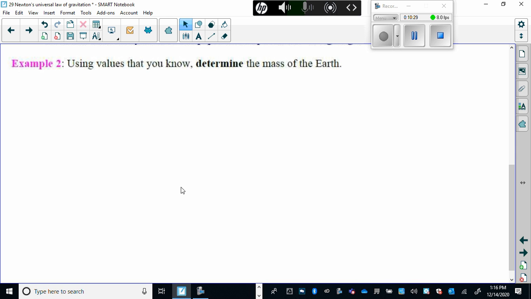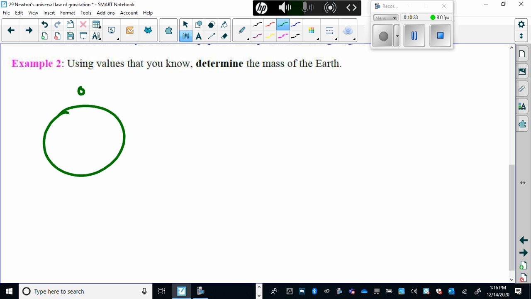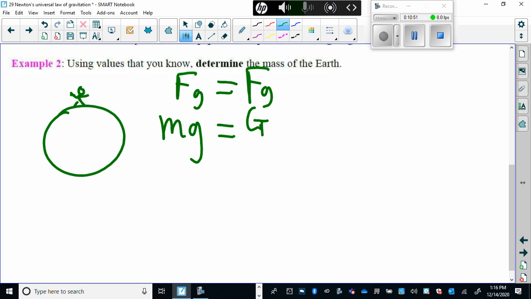We're going to say that, so here's the Earth, and here's a man or a woman or a small dog standing on the Earth, and there's a gravitational force pulling the person towards the middle of the Earth that we measure with mg. But that gravitational force must be equal to the gravitational force between the man and the Earth.